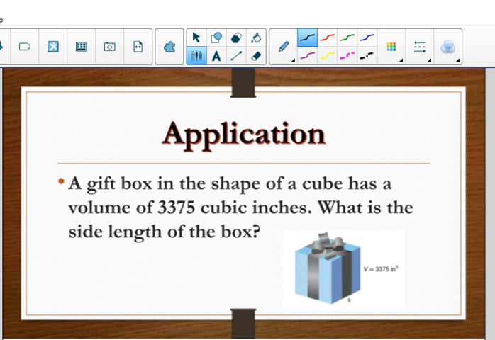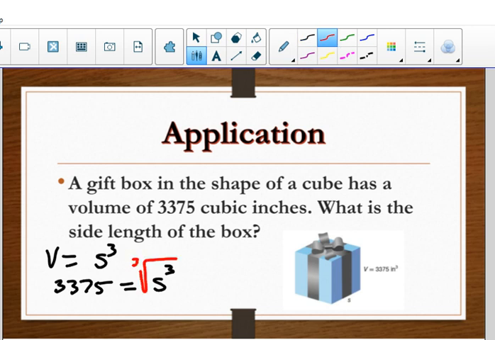So let's take a look at some examples with application. A gift box in the shape of a cube has a volume of 3,375 cubic inches. What is the side length of the box? So volume of a cube equals side cubed. They told us that the volume is 3,375. We need to find the side. So to undo a cube, you find the cubic root of both sides.